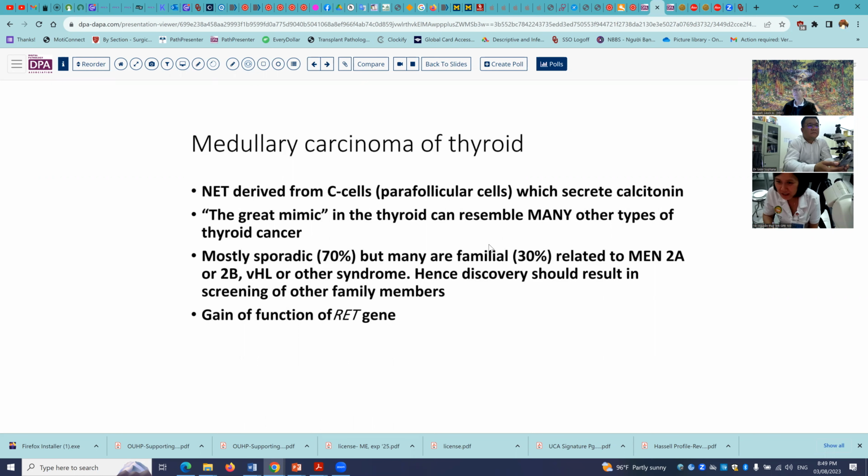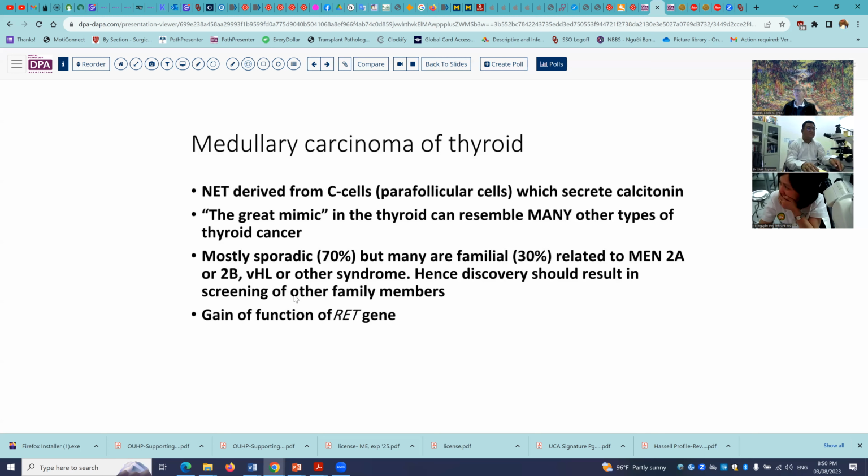And it's also important to recognize that because these are often familial, discovering one of these should lead to further investigation of the family to evaluate for the presence of other individuals in the family with the elevated calcitonin and potentially other endocrine or other neoplasms.